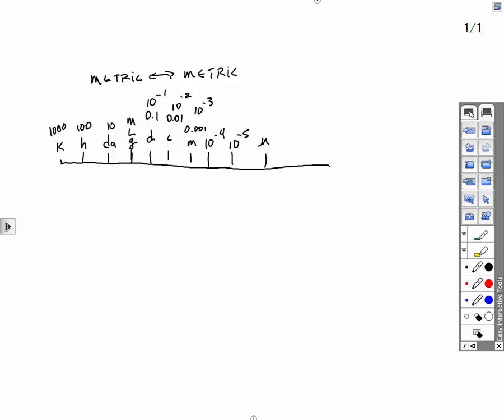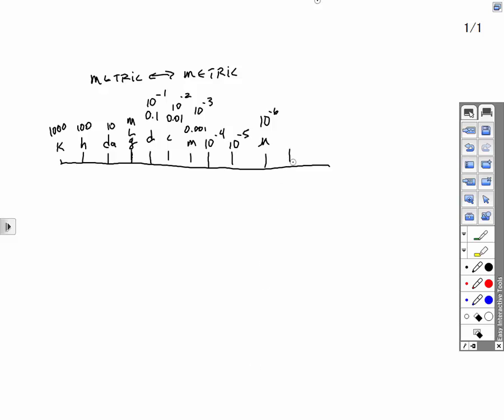There is no symbol for micro, so we have to just write a U. It's not totally accurate, but it does work. It's the best we can do. All right, so 10 to the minus 6 is micro. And you can have a microliter, microgram, micrometer, or micrometer, as they would say.